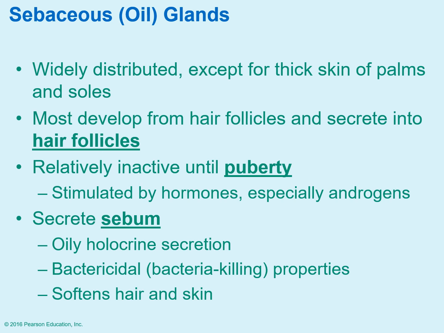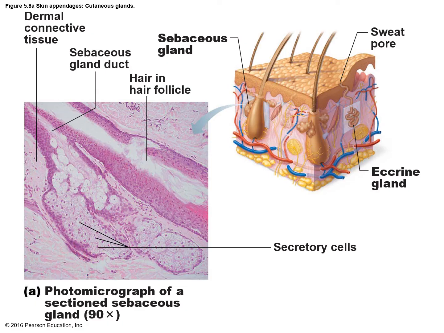They secrete sebum, an oily substance. It has bactericidal properties, meaning it will kill bacteria, so it's protective. It also helps to soften the skin and hair. You may not like the oil, but there are positive attributes to it.